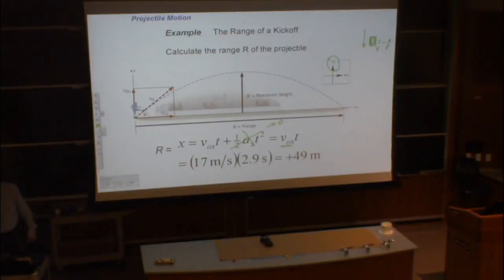In general, when a vector is perpendicular to an axis, it doesn't have a component along that axis. For example, acceleration is perpendicular to the x-axis. Ax equals 0. The velocity at the top is perpendicular to the y-axis. V top y equals 0.